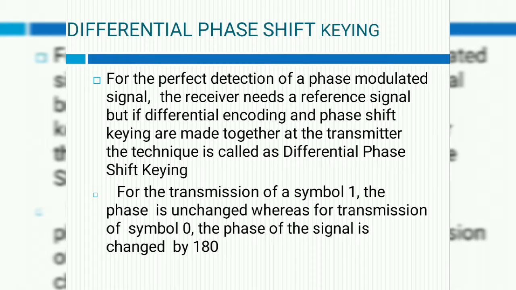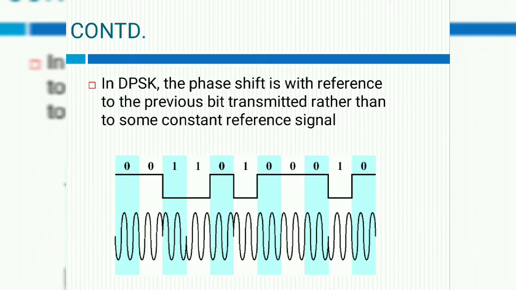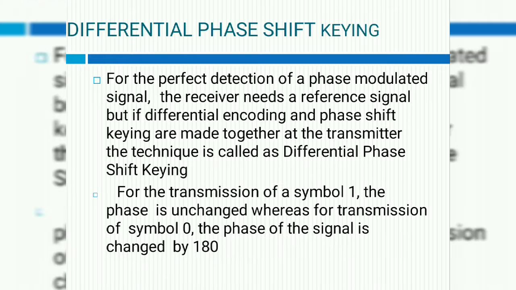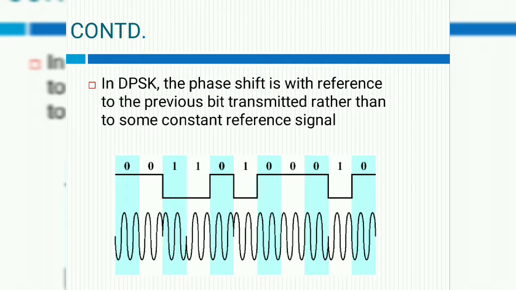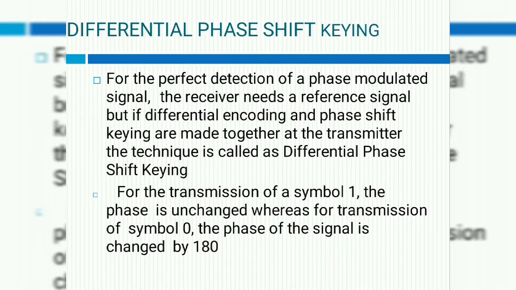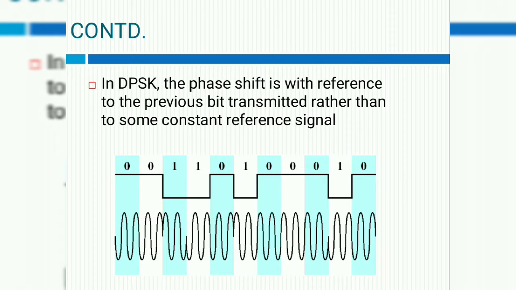For the transmission of the symbol 1, the phase is unchanged, whereas for the transmission of the symbol 0, the phase of the signal is shifted by 180 degrees. See here, whenever the message signal stays the same, the phase is not going to shift. Whenever the symbol changes, the phase is shifted by 180 degrees.